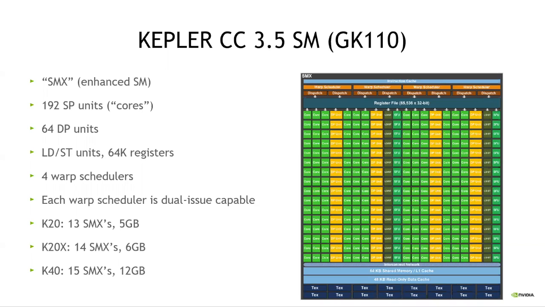The SP units or cores are designed primarily to do single precision floating point work. They are not a complete core. If you talk to a CPU designer and you use the word core in CPU design parlance, a core is a much more complicated animal than what we're describing here as a core. In fact, a CPU core might best be compared to a GPU SM.